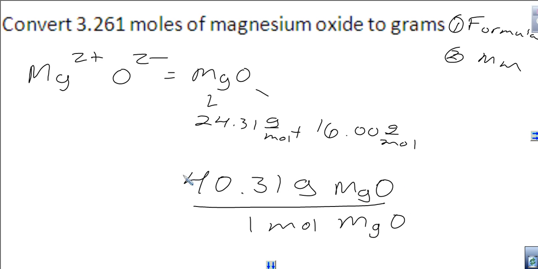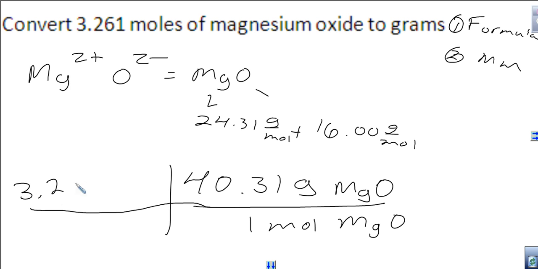So going back to dimensional analysis. Now if you use something different, then use what your teacher showed you, but this is what I show my kids. So you make a T-chart right here. Now over here is our conversion factor, 40.31 grams of magnesium oxide per 1 mole of magnesium oxide. And if I start off with 3.261 moles of magnesium oxide, that has to go in the upper left-hand corner of the box.